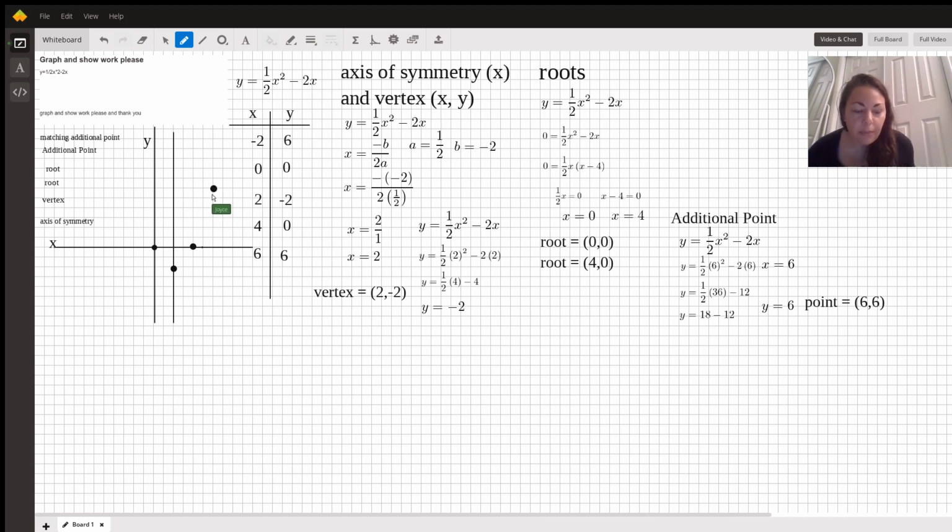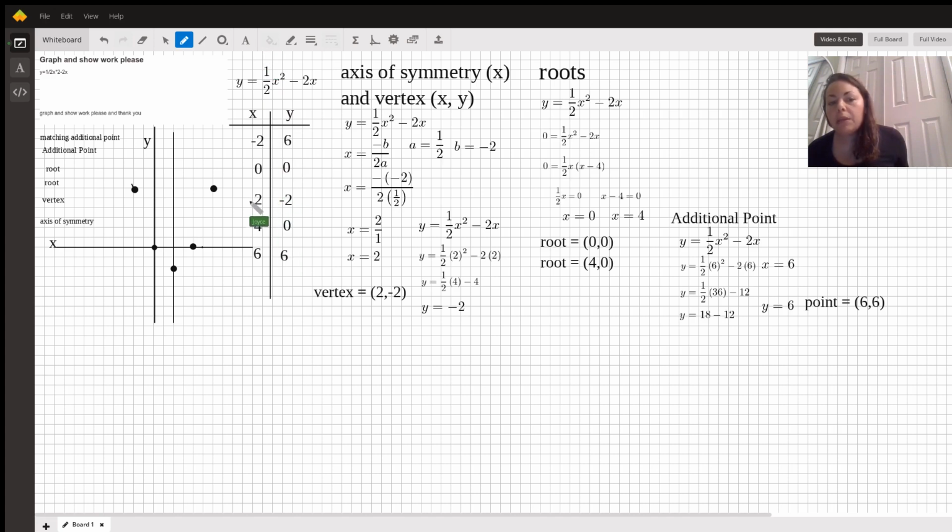Now the beautiful thing about a parabola is that if this point is 4 to the left of the axis of symmetry, we're going to have a matching point 4 away on the other side. So right there. And now I have those 5 points on my parabola. I put them in a table of values for you to see here.